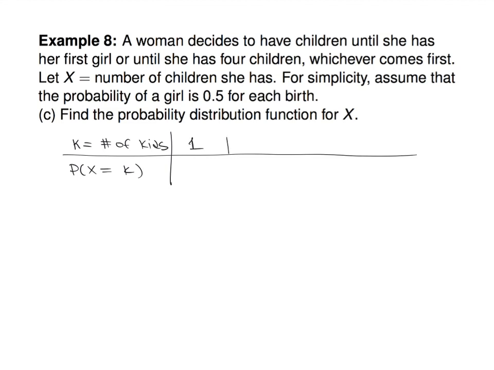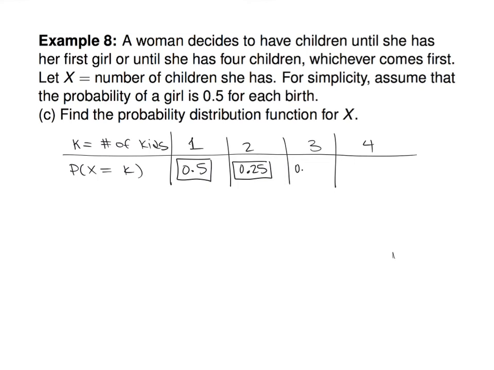So she could have 1, 2, 3, or 4 children. So to have 1 child, that means she has to just have that girl in the first birth. That happens probability 0.5. 2 kids, that's the boy-girl birth. That happens probability 0.25. 3 kids, that's the boy-boy-girl.